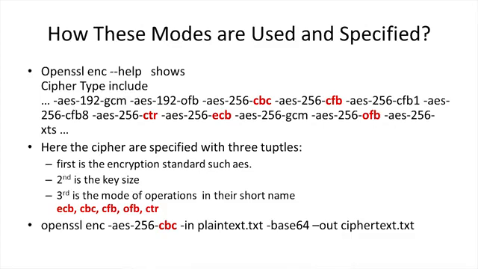Note that there are other modes such as GCM and XTS. GCM is a newer mode approved by NIST. GCM stands for Galois Counter Mode. It combines the counter mode encryption with authentication operation.